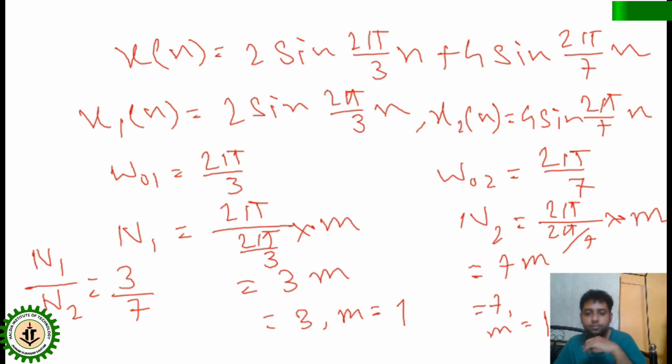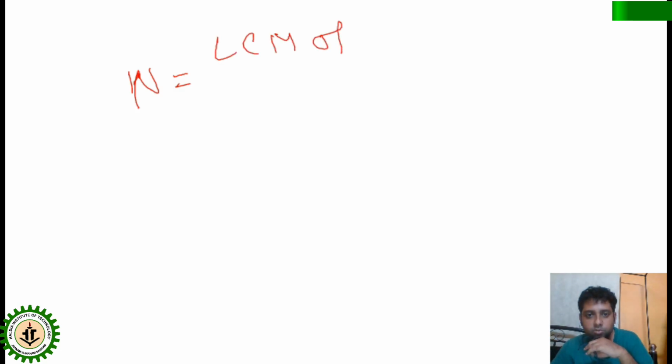So the signal is periodic. Now if we need to find the fundamental period of the overall signal, the formula I have already told: n is equal to LCM of numerator of n1 n2 divided by HCF of denominator of n1 n2.